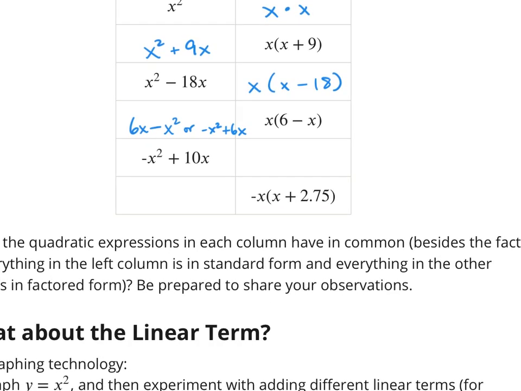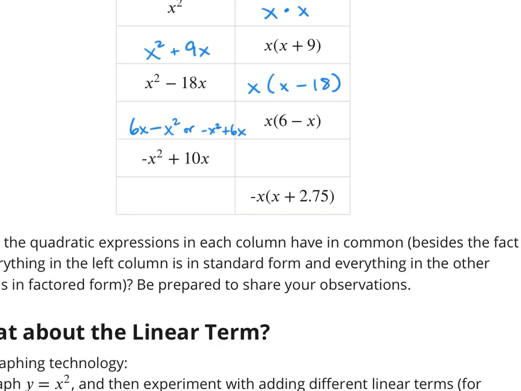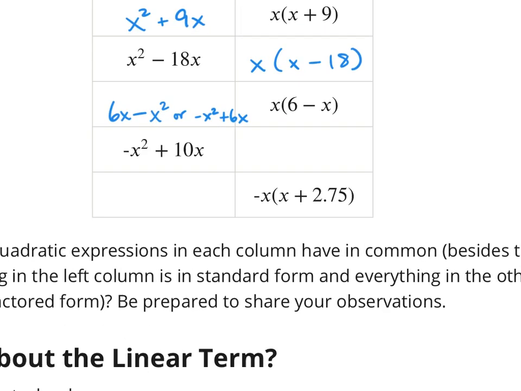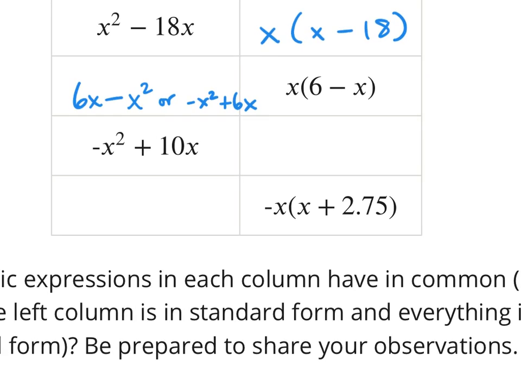For the next one, we have negative x squared plus 10x. There's a few different options that we have here. You could have it as negative x times x minus 10. You could have it as x times negative x plus 10.